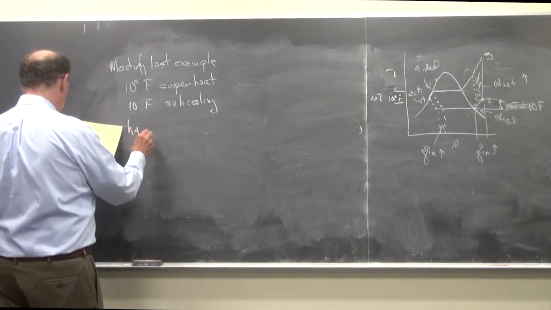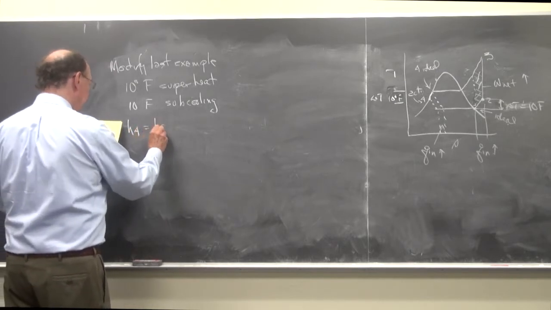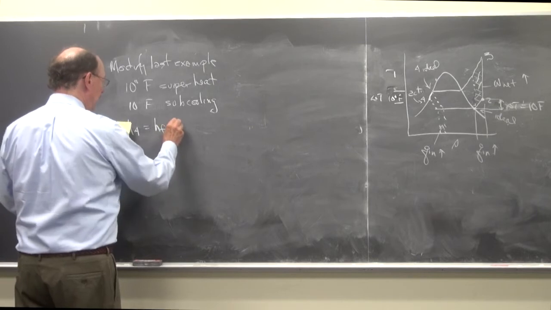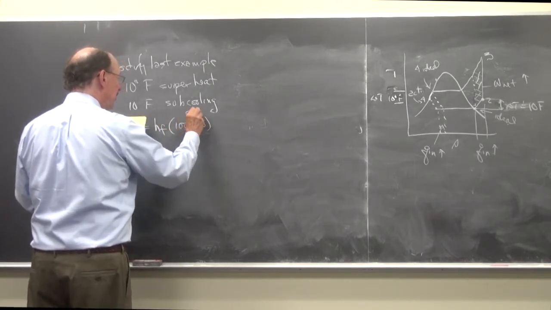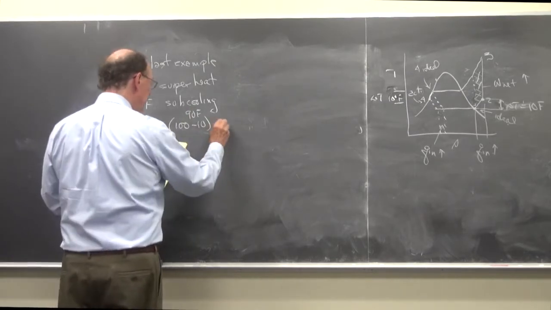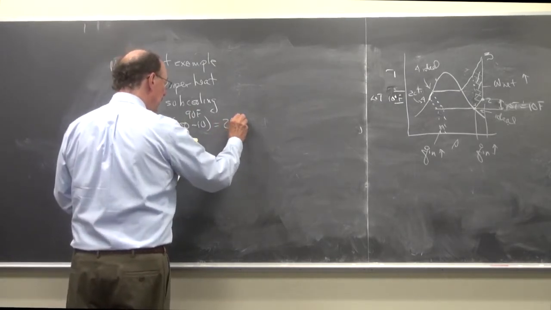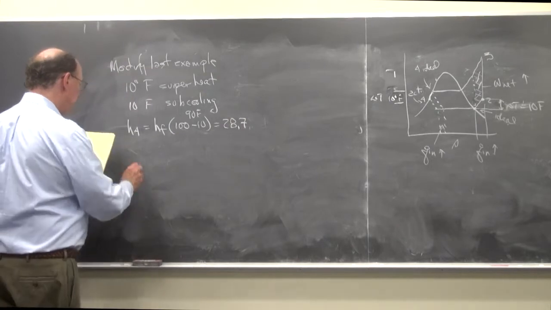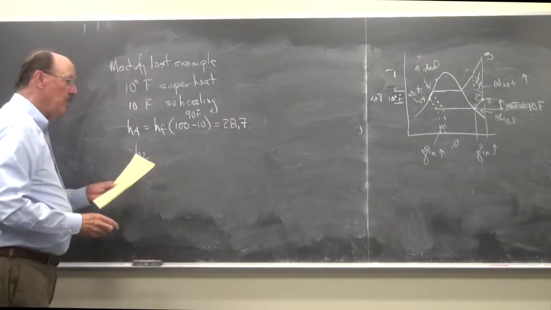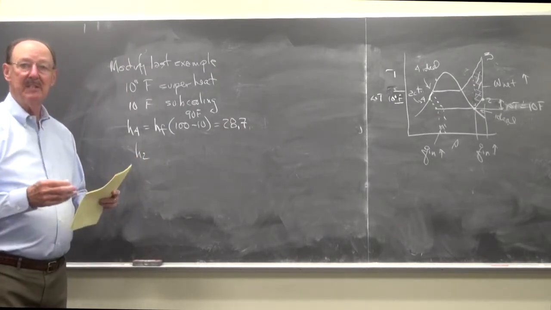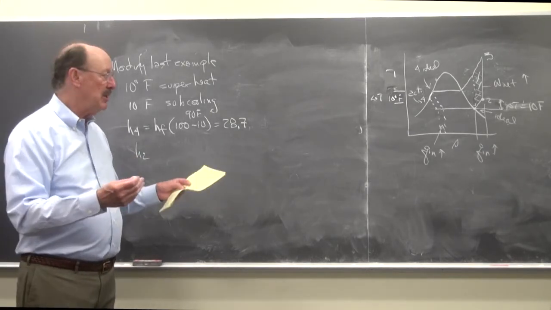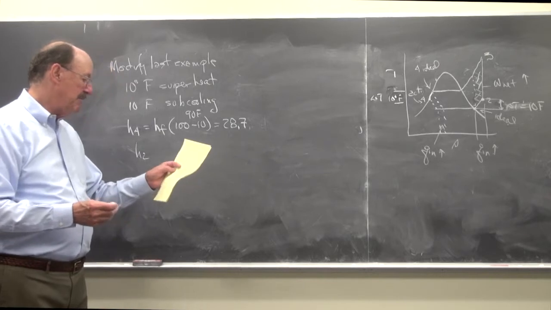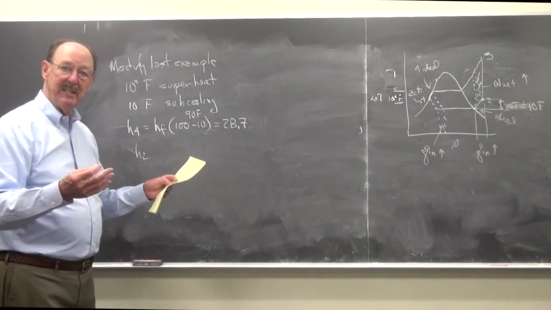H4 is equal to HF at 100 degrees Fahrenheit minus 10, at 90 degrees Fahrenheit. And so that's equal to 28.7. H2, and here what I had to do is go in the tables and interpolate between the saturated values and the superheat values because we didn't have a value of minus 10 degrees Fahrenheit in the tables.